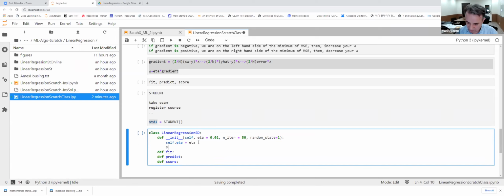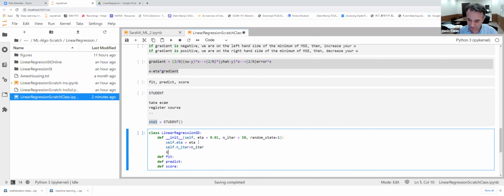Okay, so let's continue. self.number_of_iterations is number_of_iterations, and self.random_state is random_state. Again, on the right hand side of the equations, I am already assigning the arguments, the parameter values. On the left hand side, these are the attributes of self.